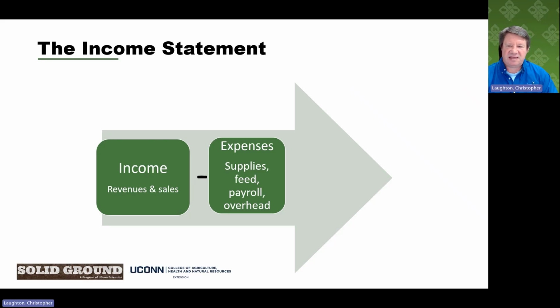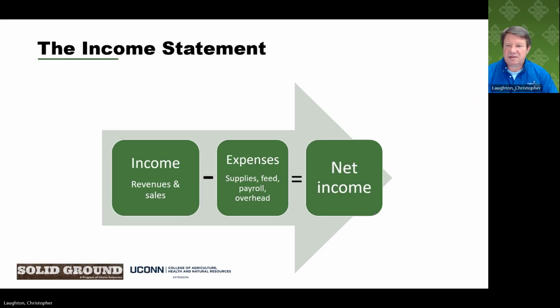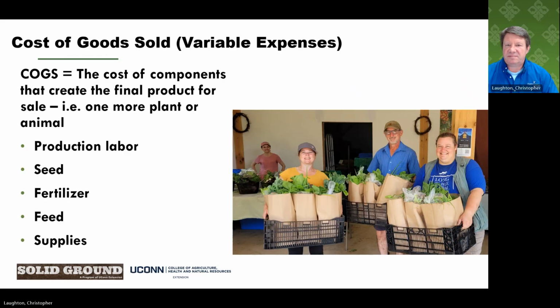Those are things like property tax, office expenses, advertising, marketing, professional services like tax prep, those sorts of things. So your income minus your expenses is your net income, or what's sometimes referred to as profit or net earnings. So let's look at an example of an income statement.